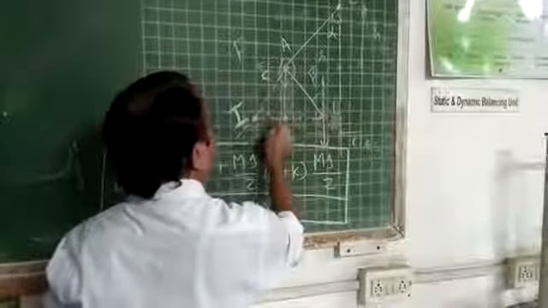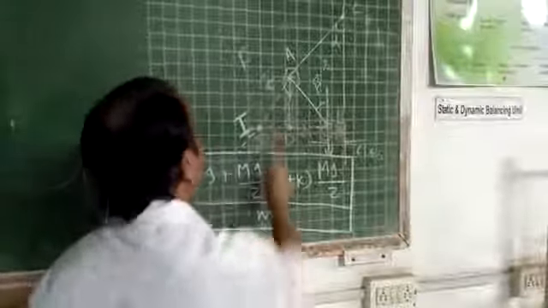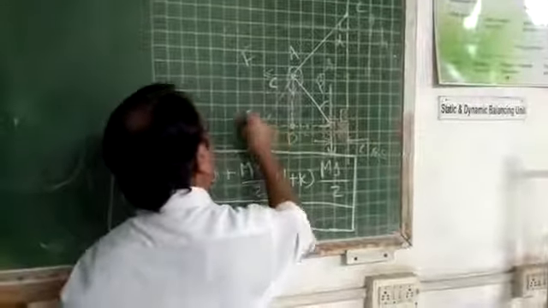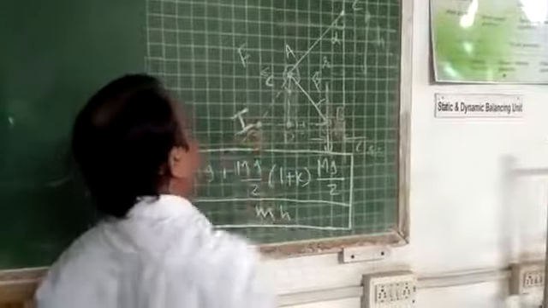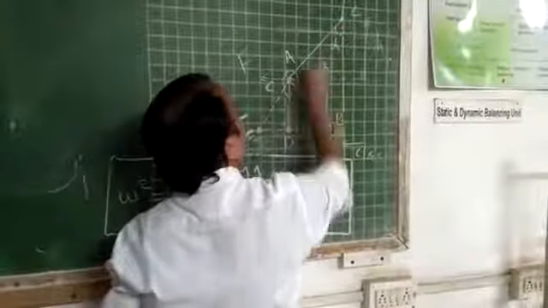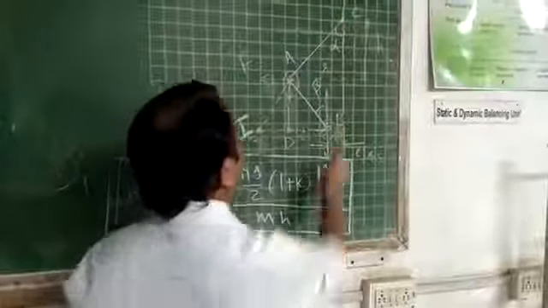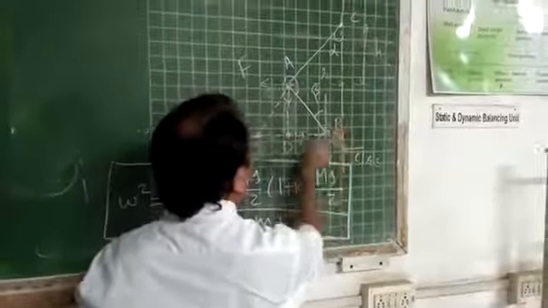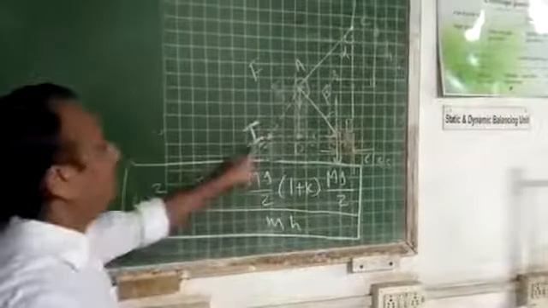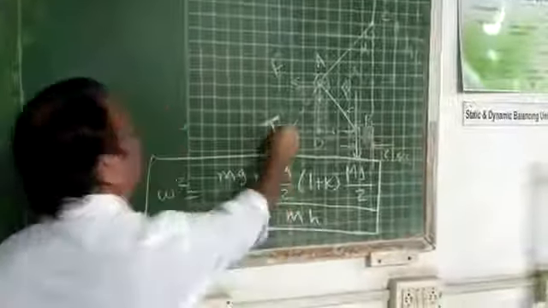This line somewhere intersects at point R, that is the extension of line AC and the extension of line BD. I will get the instantaneous center.